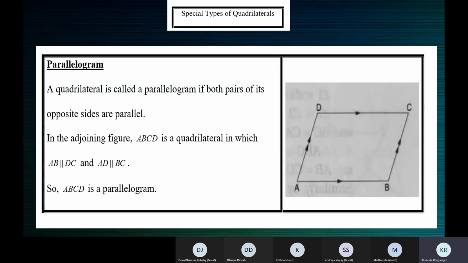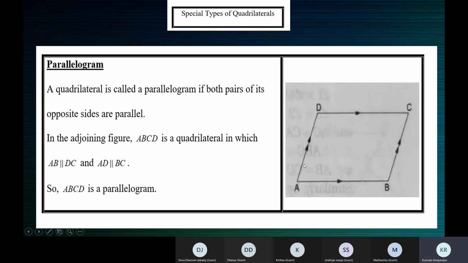And then angle B is equal to angle D. Okay. Angle A is equal to angle C. Angle B, that is this angle.